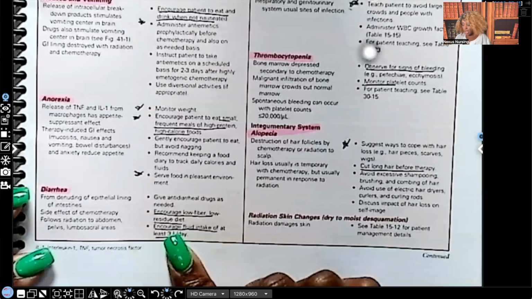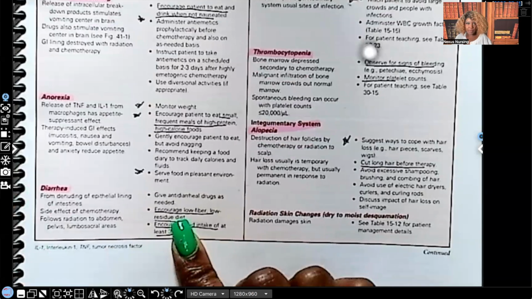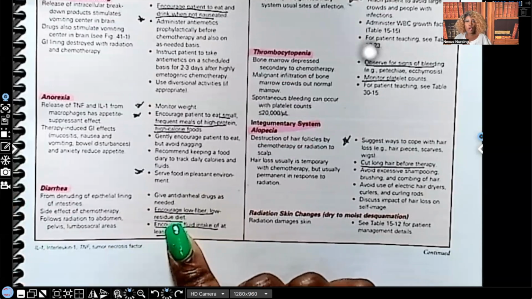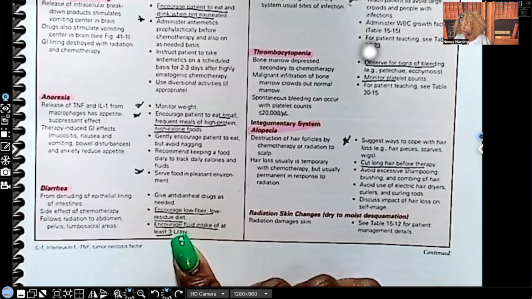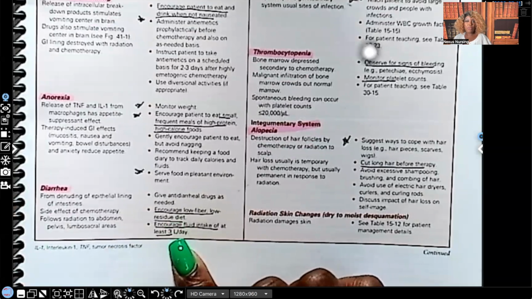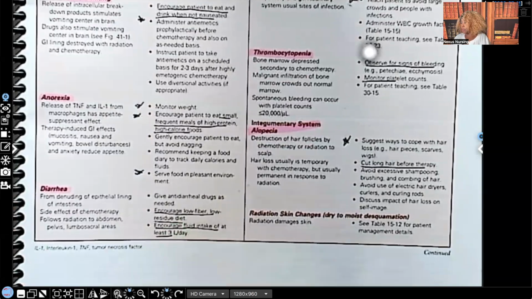For diarrhea, you're going to encourage low fiber, right? They don't need any more fiber. They've got diarrhea. Low fiber, low residue diet. Encourage fluid intake of at least 3 liters per day because with diarrhea, that patient's losing fluid and electrolytes that were in the GI tract. We don't want that patient to be dehydrated, so we're going to encourage fluids.